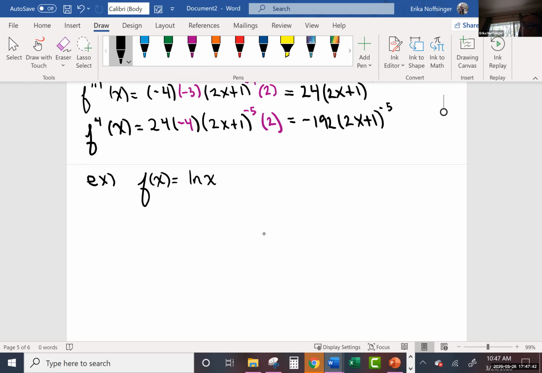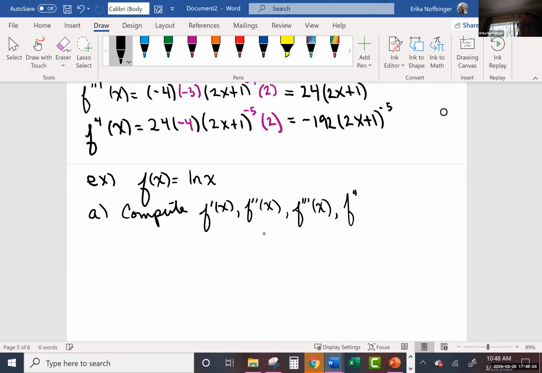And it says part A, compute the first derivative, second derivative, third derivative, fourth derivative, fifth derivative, and then what do you think?